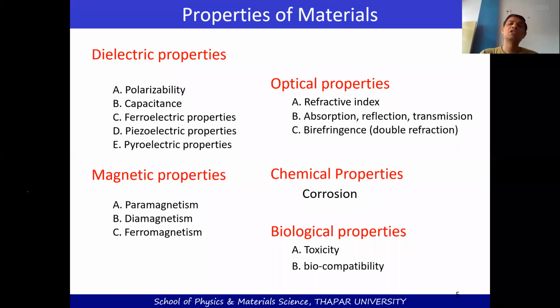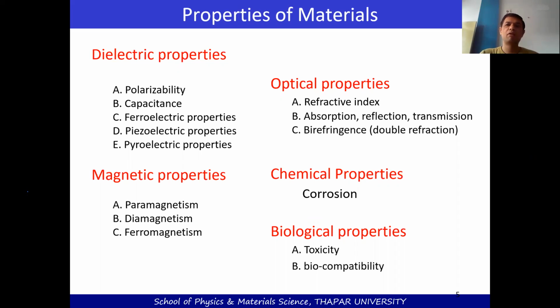As far as the biological properties are concerned, the toxicity of the material to biological entities is very important. Biocompatibility is another very important aspect. But as a general course, we will not focus on the biological aspect of the material.